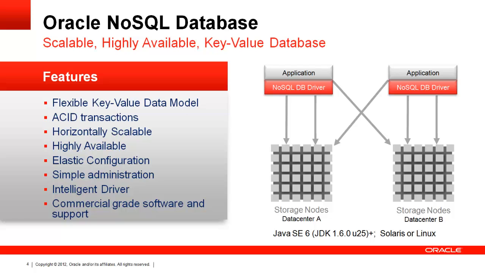It supports ACID transactions that you would expect from a database from Oracle, but at the same time, it also embraces what's known as BASE, which is a basically available consistency model that's found in many of the NoSQL products, which can give you a little bit more performance in certain conditions where you can afford to relax your transactions.